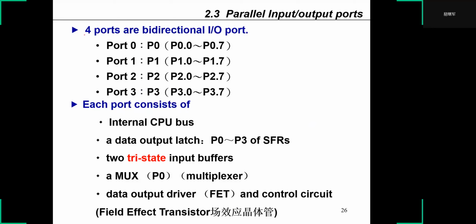Here are the four bidirectional I/O ports. When we make a program, we use ports 0 to 3 to interact with external devices.